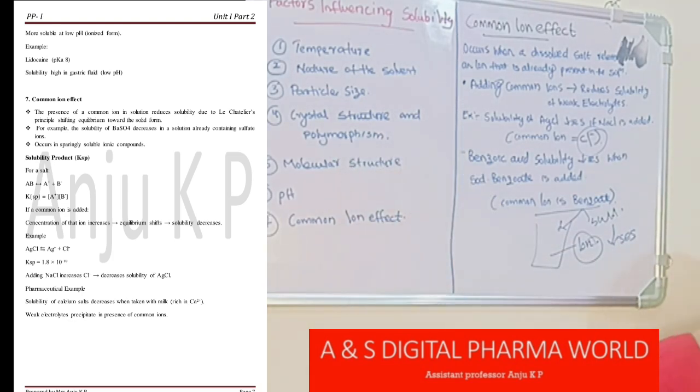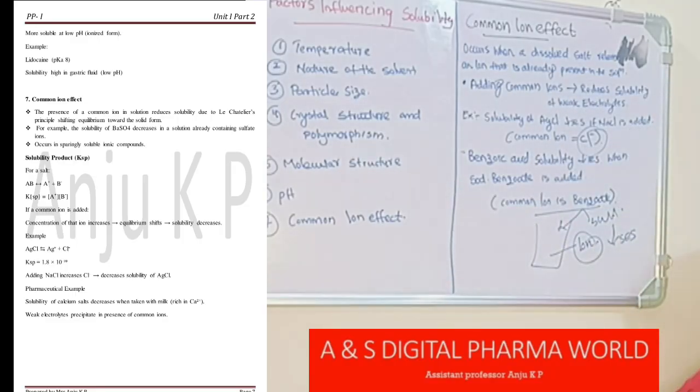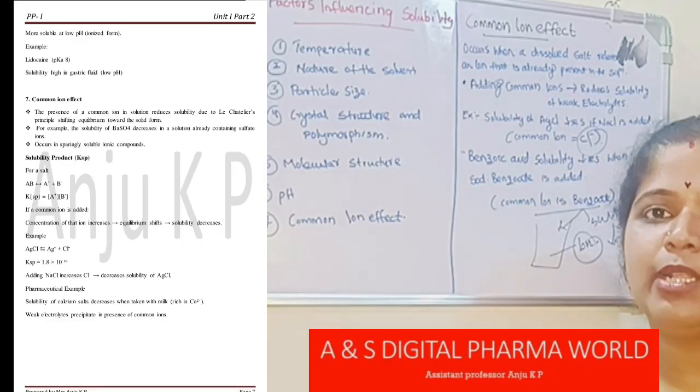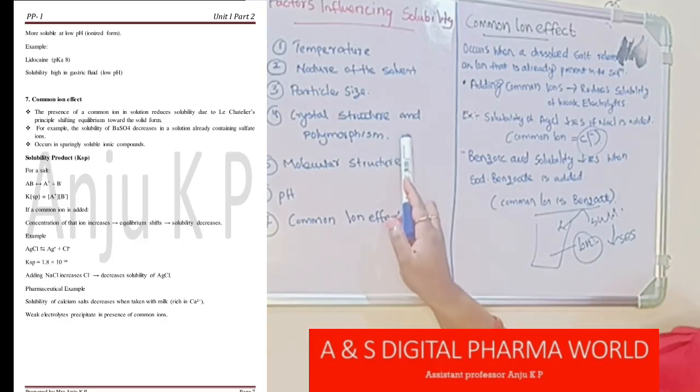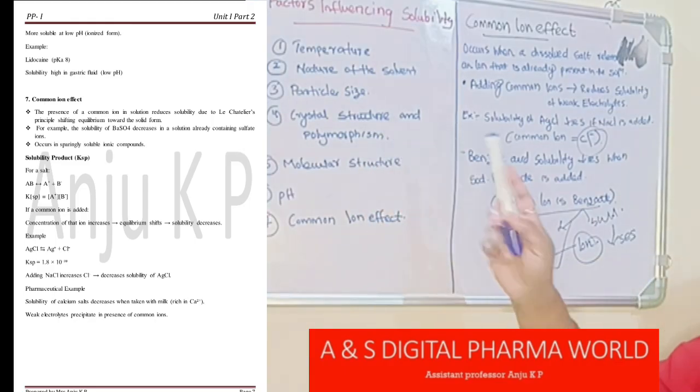Polymorphism is the existence of two or more crystalline forms, called polymorphs. In the crystalline form, your molecules are tightly packed, so it takes time to dissolve and solubility will be decreased. If amorphous, your molecules are loosely packed, so the energy required to break them is less, so solubility is higher.